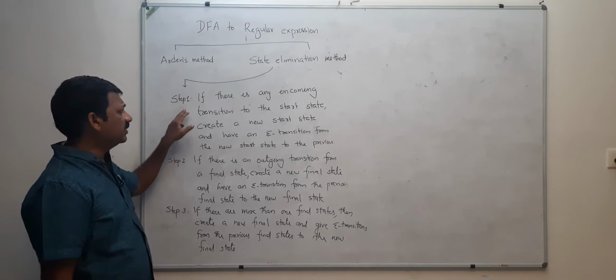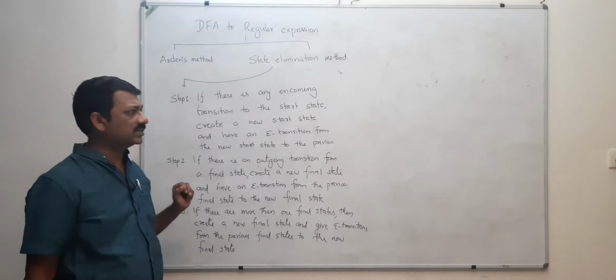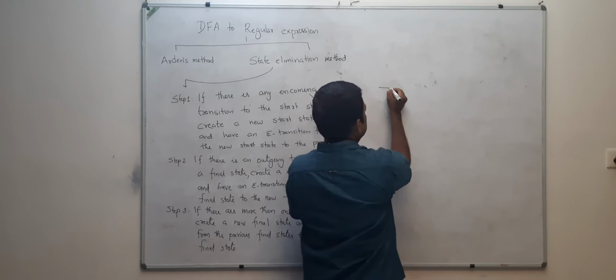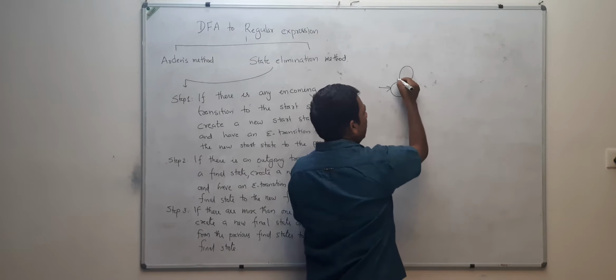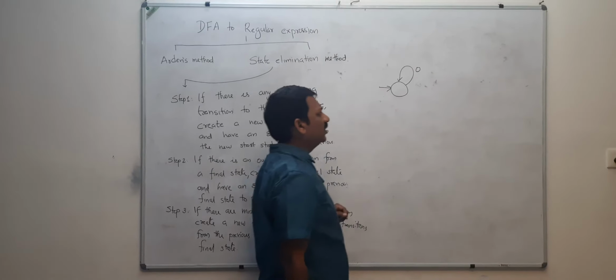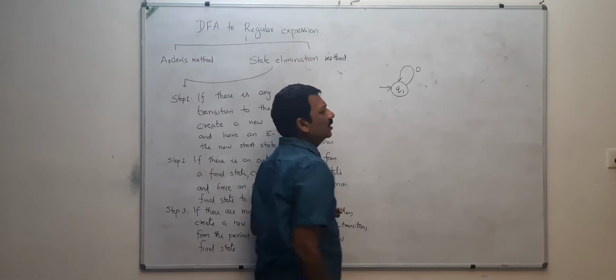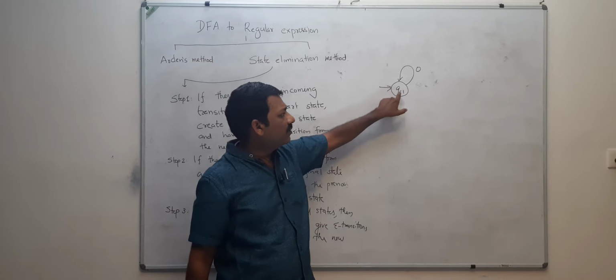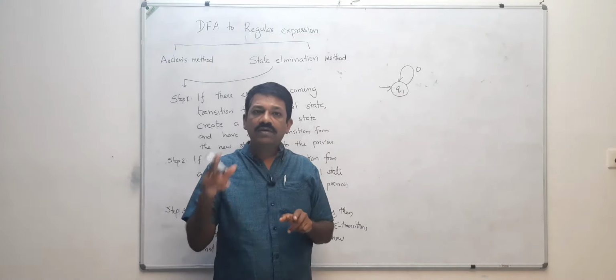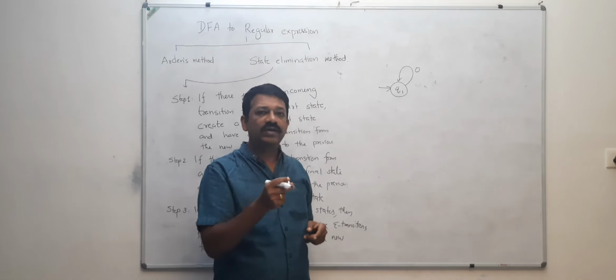So the first step is, if there is any incoming transition to the start state. For example, suppose that this is your start state, and suppose that you have Q1 here, and from Q1 to Q1 you have a self loop, and that loop is also an incoming one.